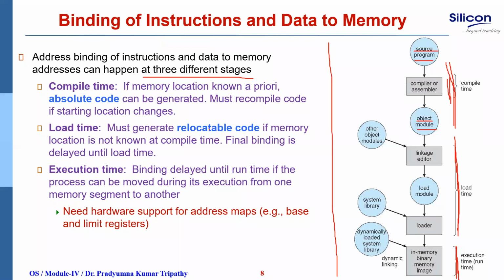Suppose, for example, you have written: if A is equal to 5, call the X program, else call the Y program. Try to understand. It is certain that both X and Y cannot be called, only either X or Y. It is not required that both X and Y be loaded at runtime.